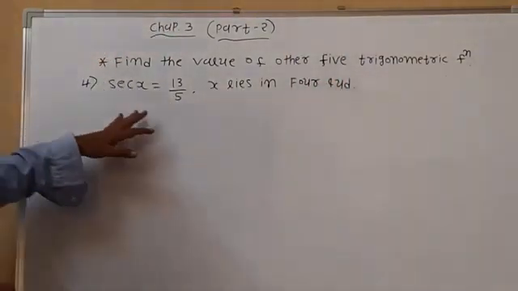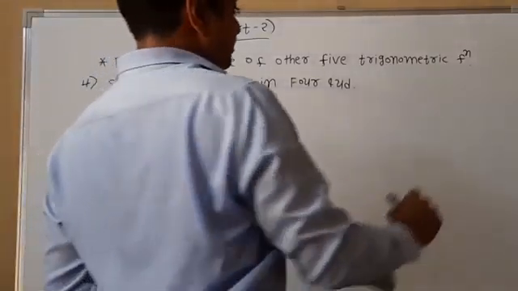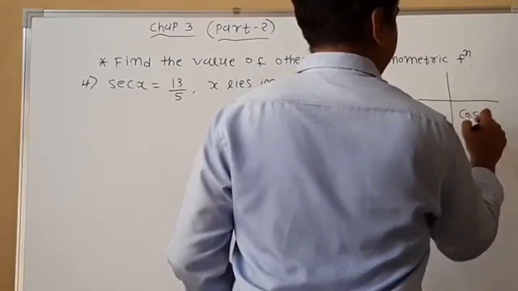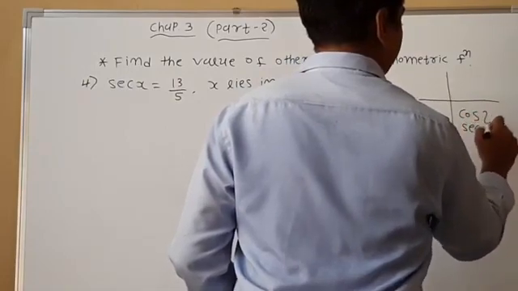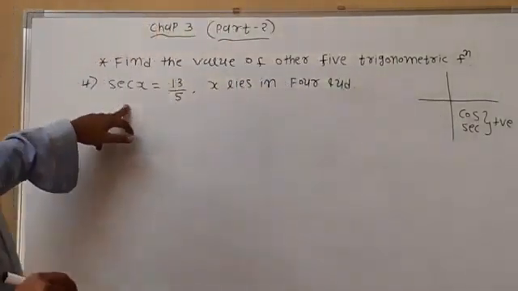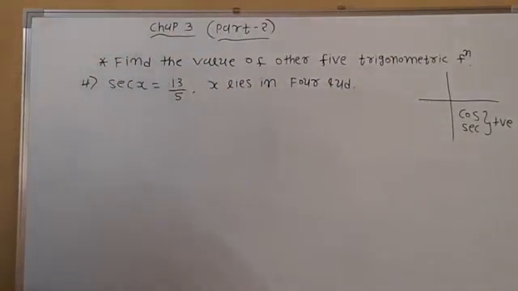So here again the fourth quadrant is given, and we know that in the fourth quadrant only cos and sec are positive, right? So here sec x is already given in positive form.